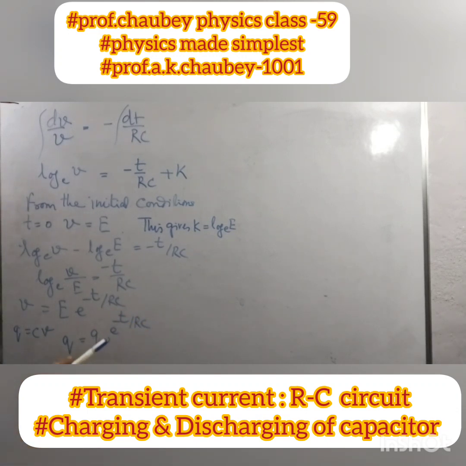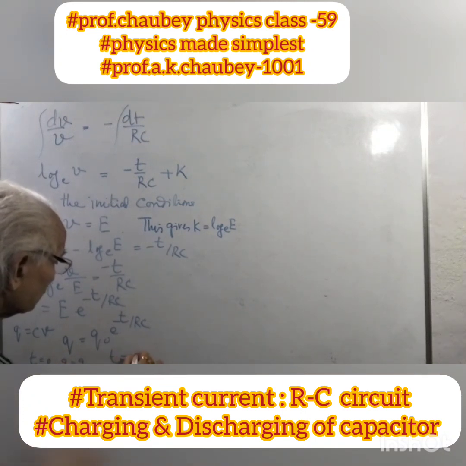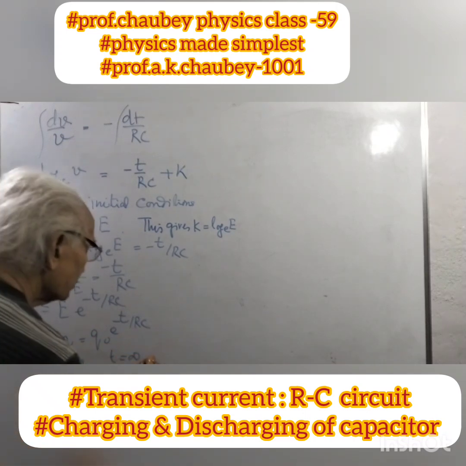What does it mean? If t is equal to 0, the starting potential is maximum, charge is maximum, e to the power minus t over RC with t equal to 0 gives Q equal to Q naught. At t equal to infinity, e to the power minus infinity is 0. So Q becomes 0.